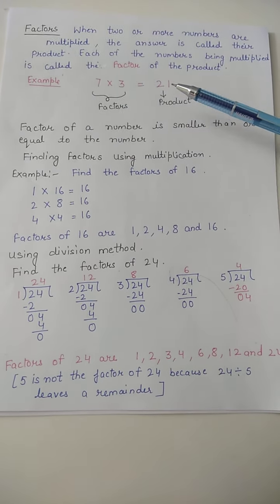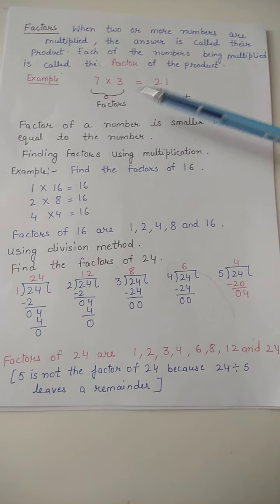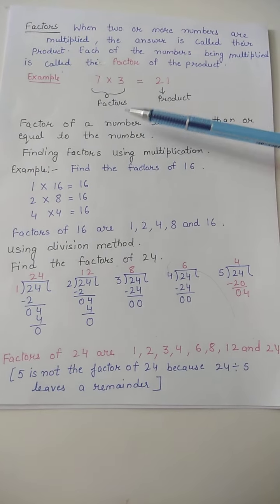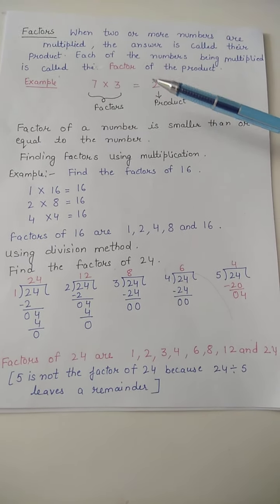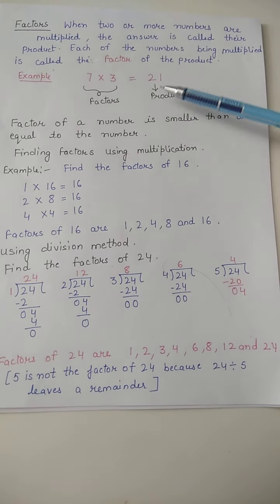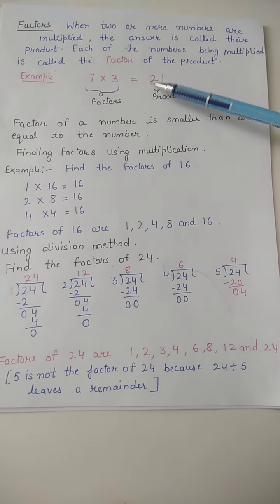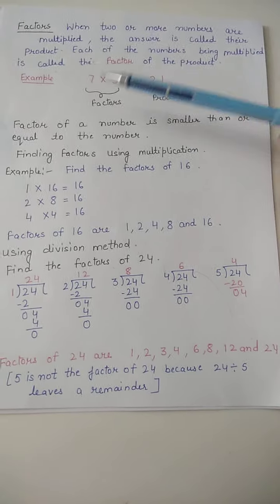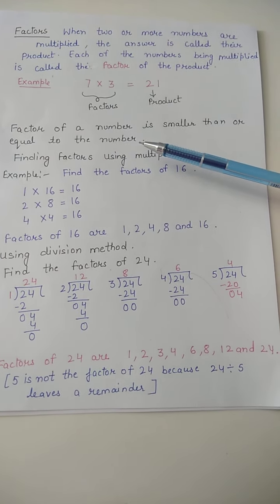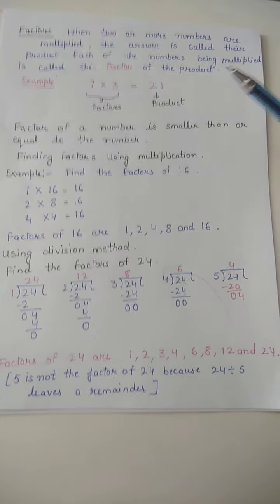So if you are talking about 21, 7 and 3 are the factors of 21. The condition says that a factor can be equal to or less than the number only. Like 21 is a number, so its factors 7 and 3 are less than that. So the factor of a number is smaller than or equal to the number.